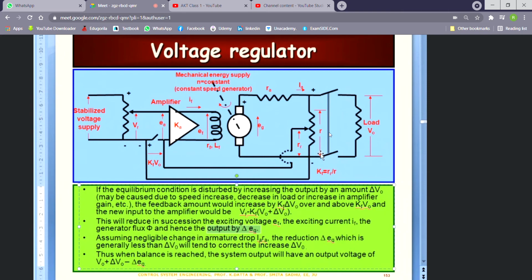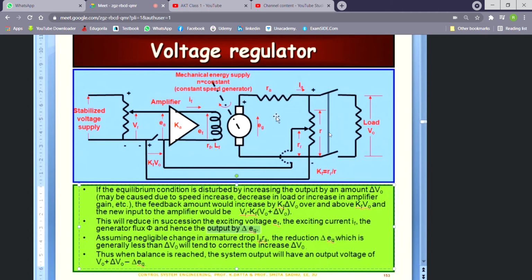So that we assume that we get almost your VO over here, and because your IA is going to be very, very small due to the very large value of R, basically this VO will almost be equal to the EG value.